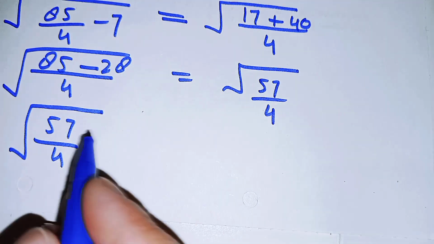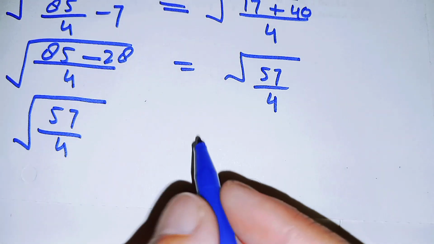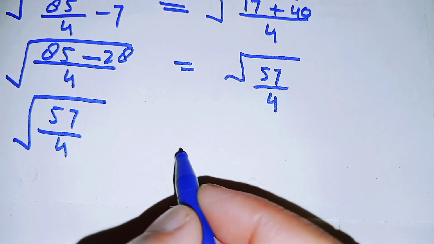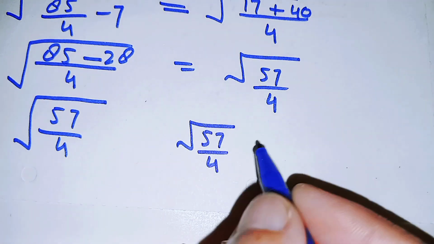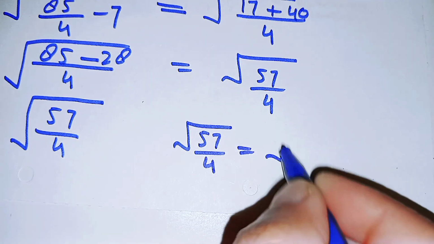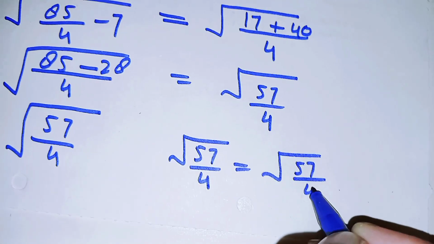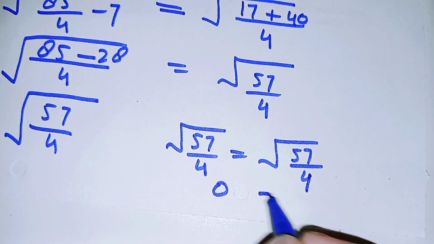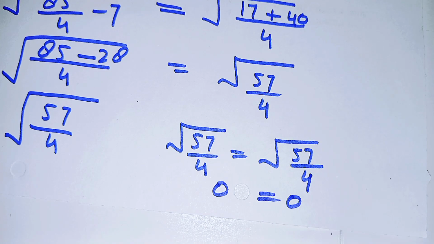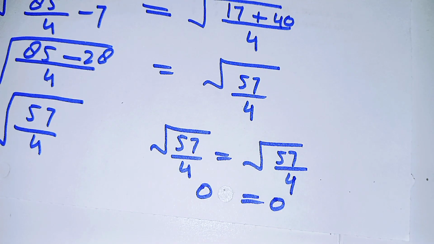So here this square root of 57 over 4 is equal to square root of 57 over 4 and 0 is equal to 0 is same as. And now x is equal to 17 over 4.